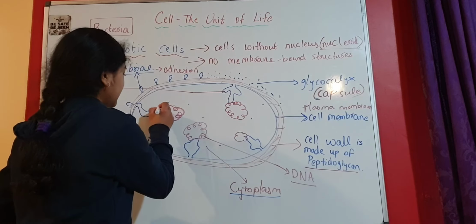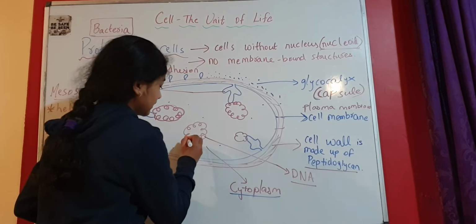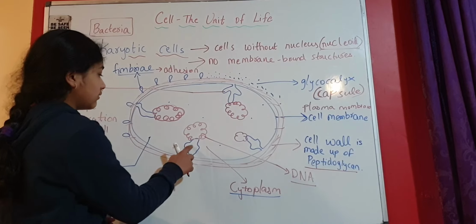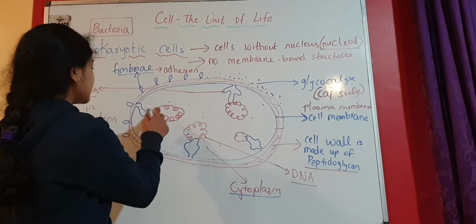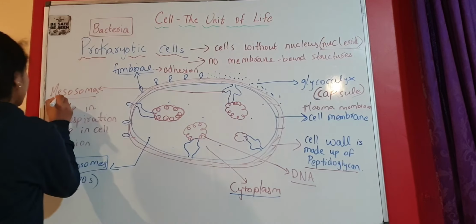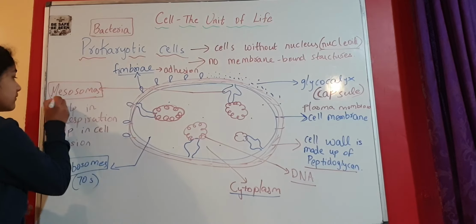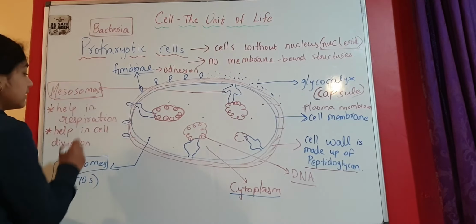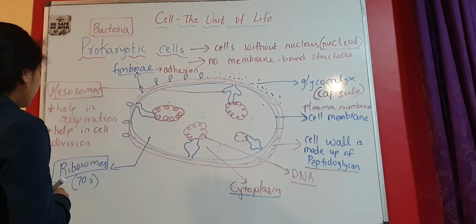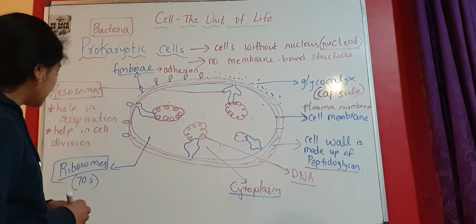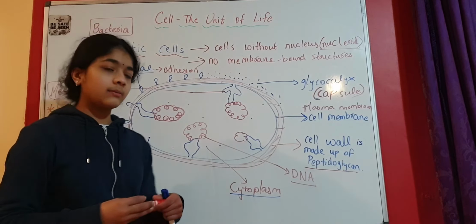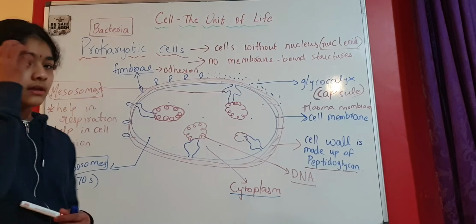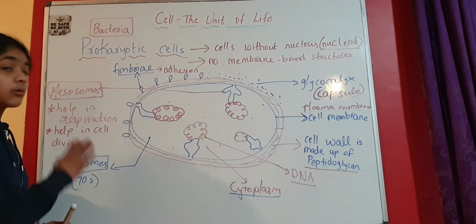Now we are talking about this DNA. We know these are the infoldings of the plasma membrane, and this DNA is attached to these mesosomes. What is the function of these mesosomes? They help in respiration and they also help in cell division. We also have looked at ribosomes. Ribosomes are 70S in prokaryotic cells only.